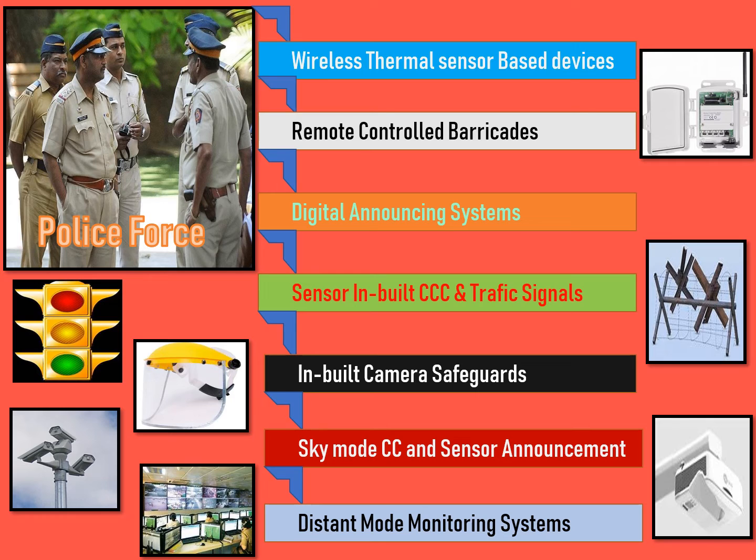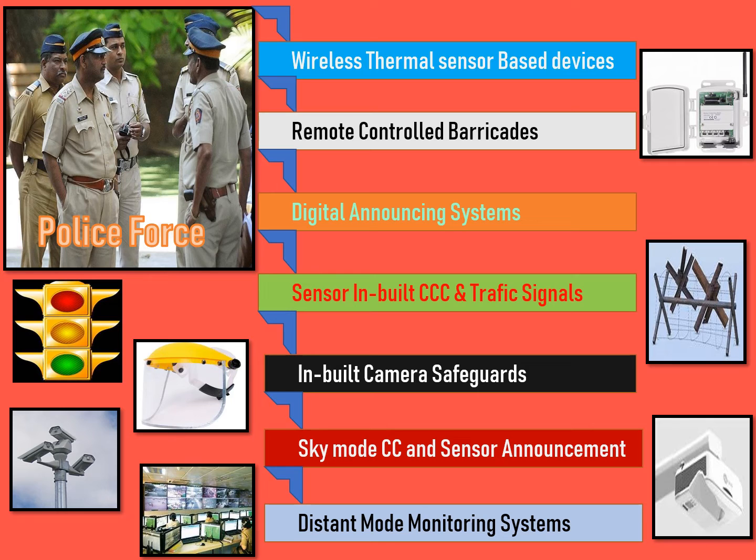You can use this sky mode CC camera, which can be placed on these flag posts, so that once any grouping happens, they can automatically take pictures and send the information to the corresponding authorities, so that quick remedial actions may be taken in appropriate time.